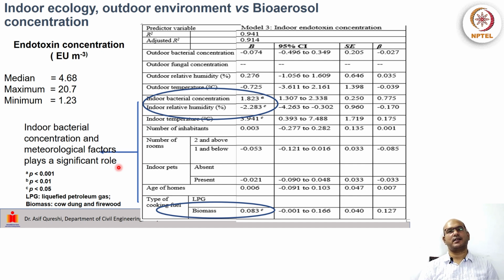So we see that, depending on the study, it does appear that the outdoor concentrations, indoor concentrations, and the indoor meteorological and ecological settings influence the indoor microbial, meaning indoor bioaerosol, bacteria, fungi, and endotoxin concentrations substantially.